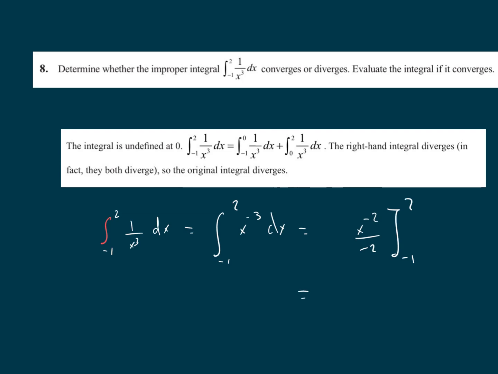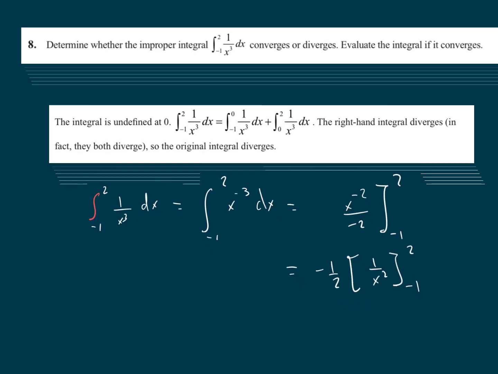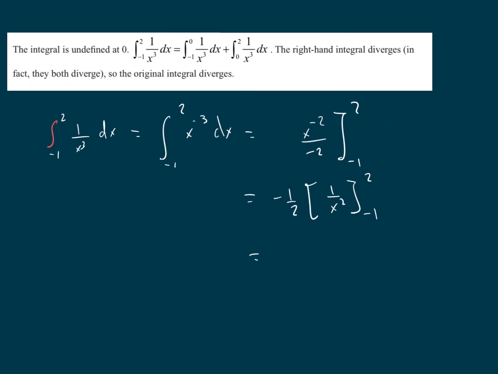So it will be minus 1 half multiplied by 1 divided by x squared evaluated between minus 1 and 2. So you will say that this integral is minus 1 half times 1 divided by 2 squared minus 1 divided by minus 1 squared.